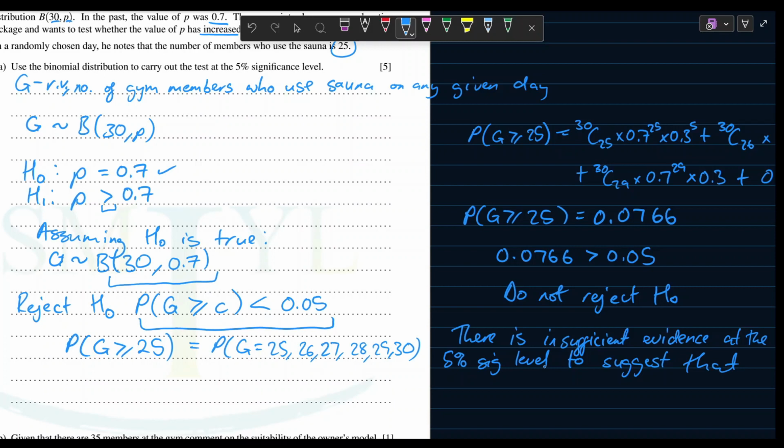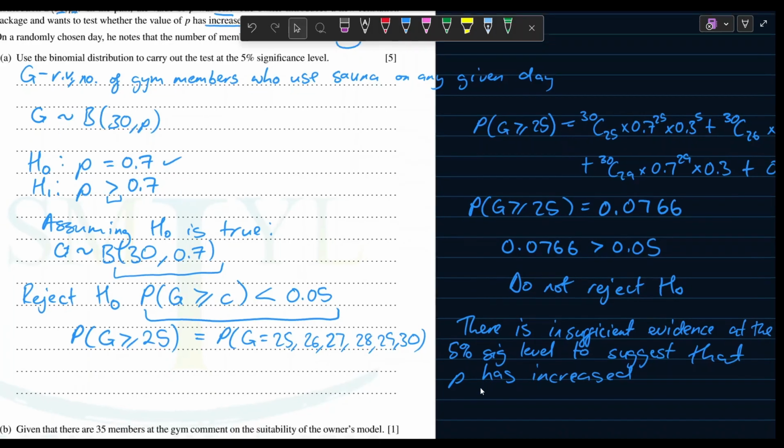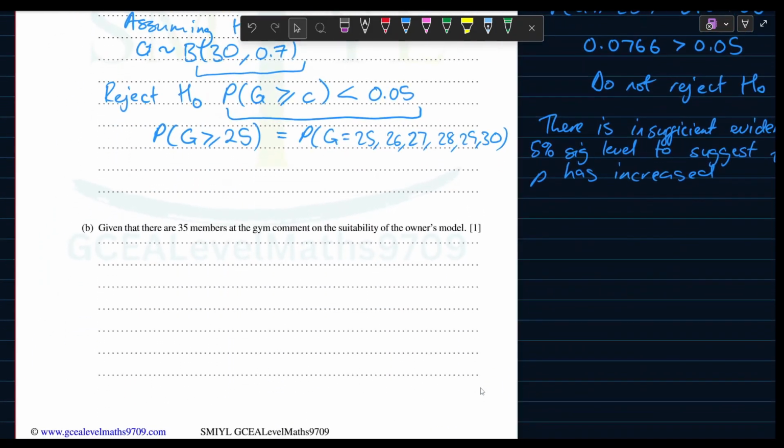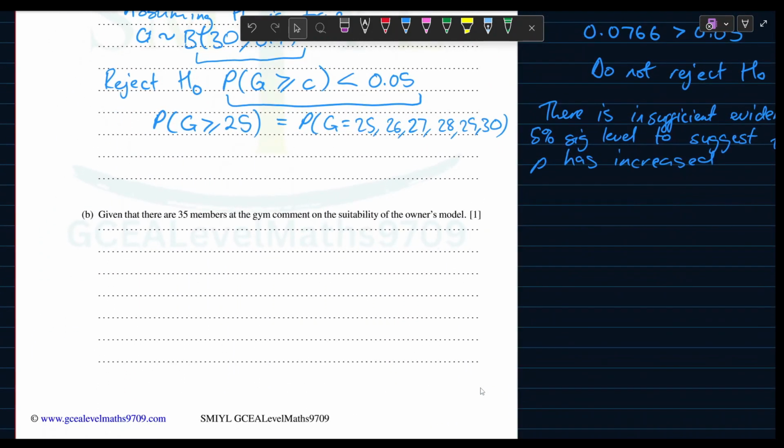You can write the long one, that the number of people who use the sauna has increased. That's probably the better answer, but both will be accepted. All right. And then part B says, given that there are 35 members at the gym, comment on the suitability of the owner's model.